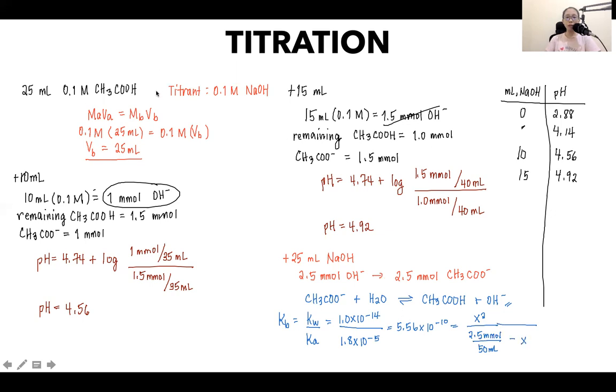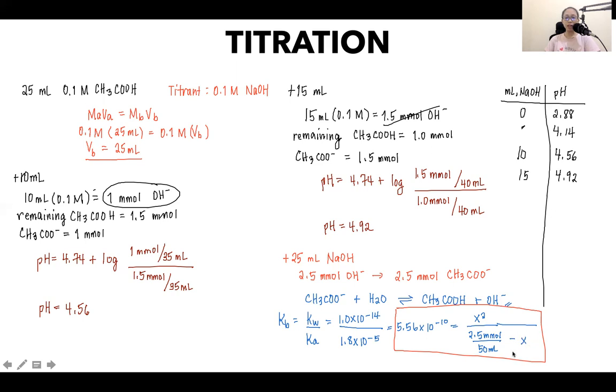You might be wondering, where did this come from? The ICE table. So the X here is the equilibrium concentration of acetic acid and the equilibrium concentration of hydroxide ion. So you have the initial concentration of acetate minus the X, right?